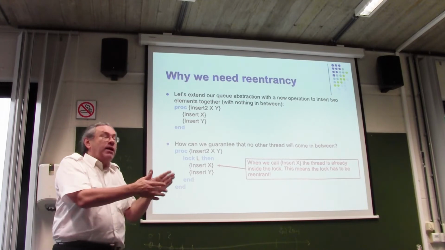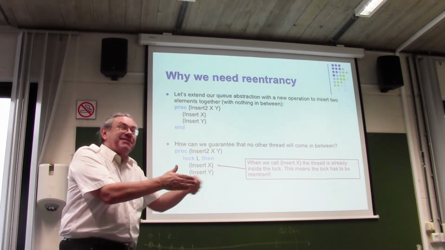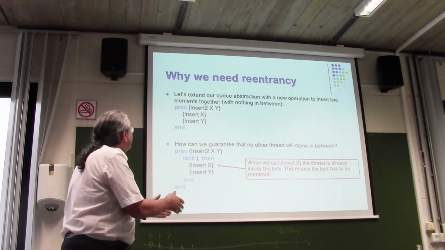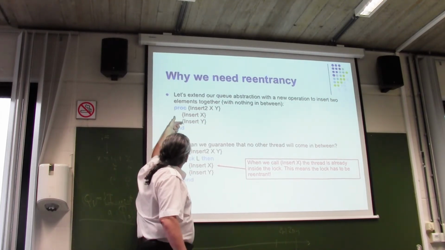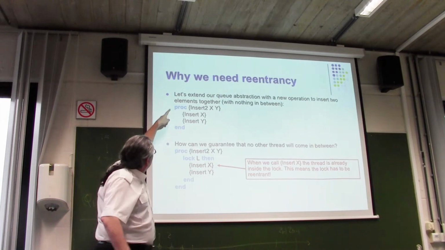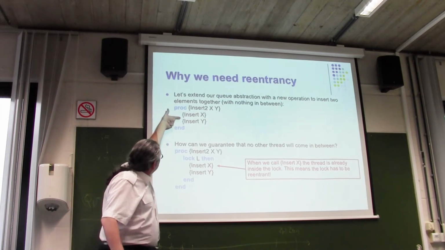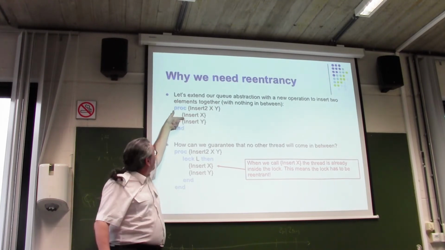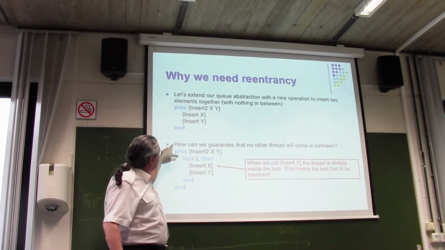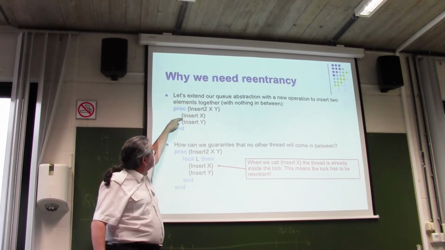It's like two people waiting in line and nobody cuts in between them. Okay? So we do this: insert2 x y, insert x, insert y. But this will not work, because the scheduler, of course, can put other things in between the two inserts. So how do we guarantee that no thread comes in between?